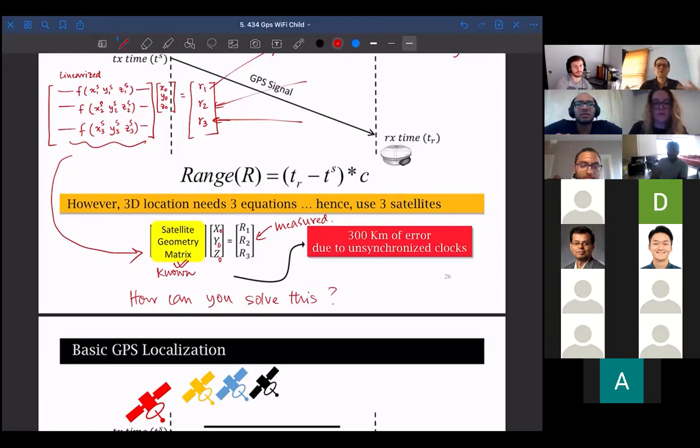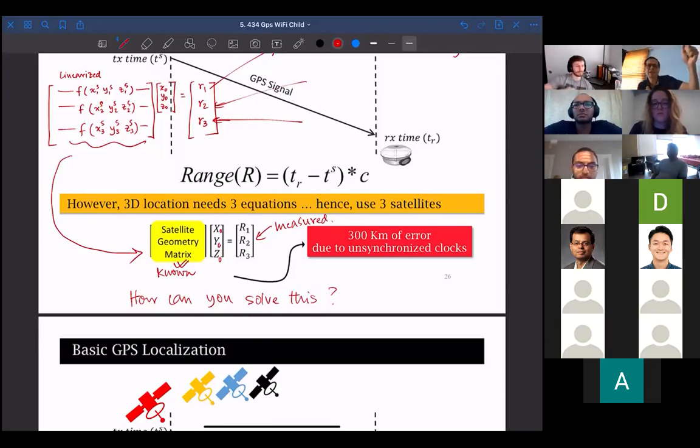So this is where I want you to think about things always as, what do I want, or what do I not know? I do not know clock synchronization. Very good. How many variables do I need to model what I do not know? In this case, you have 3 satellites. Well, I have one variable for one satellite, one for another satellite, one for another. But no, the satellites are synchronized.